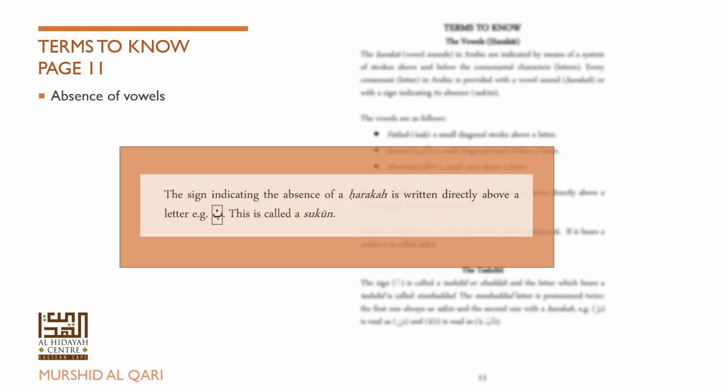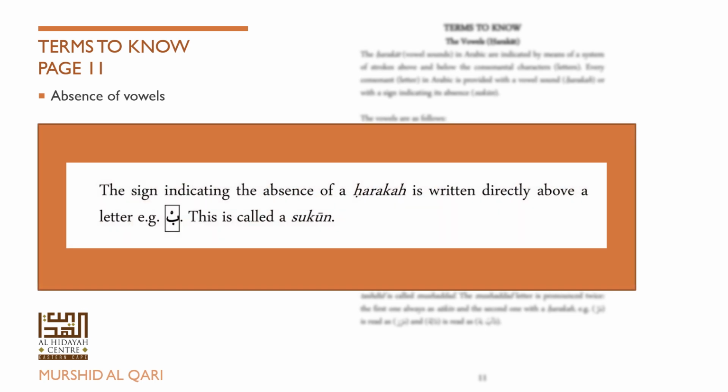So the sign indicating the absence of a haraka is written directly above a letter. Example, if you look there, that small circle, or sometimes it can look like a back to front C. In this case, it is a small circle. So this is called a sukun.